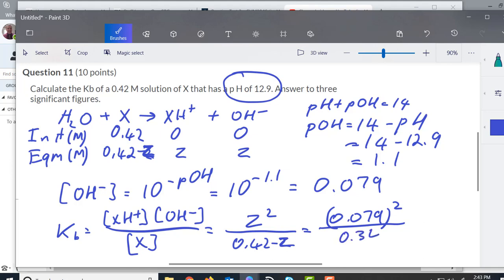So that's correct for significant figures because that would be 2 decimal places, and after we take away the 0.079, it becomes 0.34, which is 2 decimal places. The answer comes out to be 0.232, and that's what I'm requiring for this, so it makes my grading easier. But your test answer would have been 0.23, which would have had 2 significant figures.